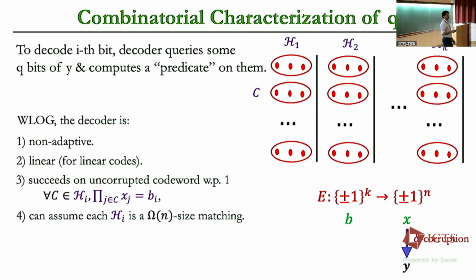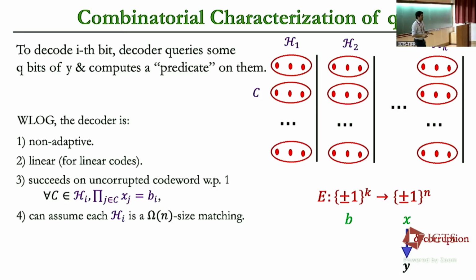The decoder's action so far that we have discussed is: non-adaptively guess 4 bits, take their answers, add them up. That's what the decoder is so far. Now I'm saying that you can further assume that if I'm decoding, let's say, the first bit, the 4-tuples that I query are going to form a matching, in the sense that no variable occurs in more than one 4-tuple. Why? Well, you should suspect something like this has to hold.